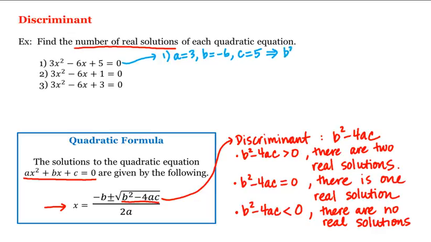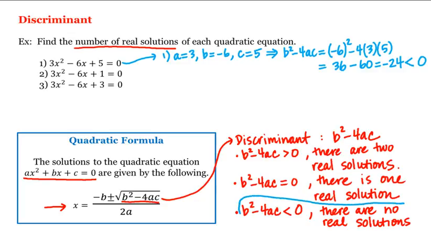So therefore, our discriminant, b squared minus 4ac, is equal to negative 6 squared minus 4 times 3 times 5, which is equal to 36 minus 60, which is equal to negative 24, which is a negative number. Which means we're down in this third case, aren't we? Which means our first equation has no real solutions.